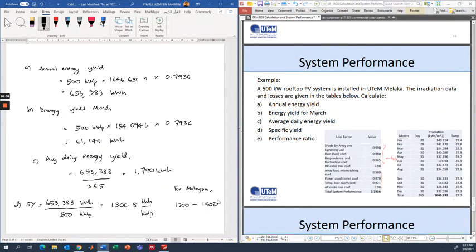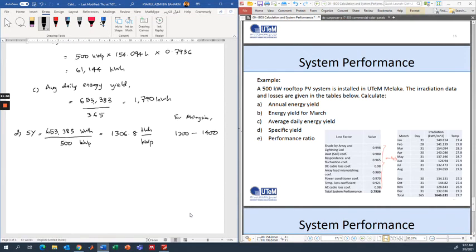If it's higher, then there may be something wrong with your calculation. We need to check back the system. But it might not necessarily be. This is the general range, so we need to do further checks. This one falls right in the middle, 1,300. So that means the specific yield is as expected.